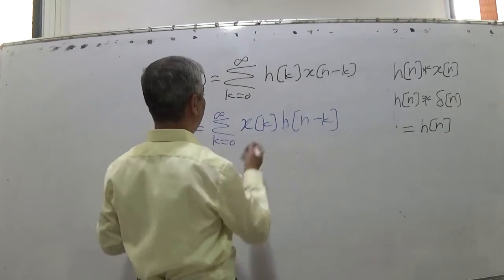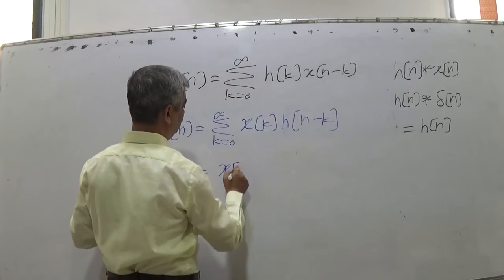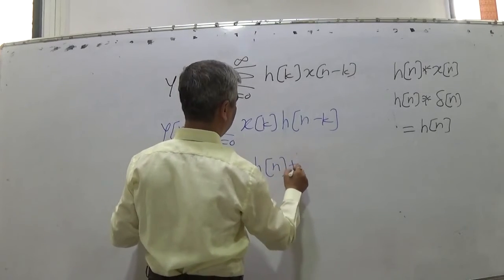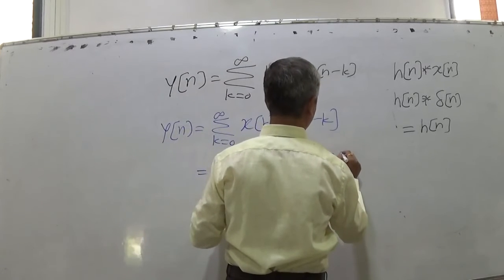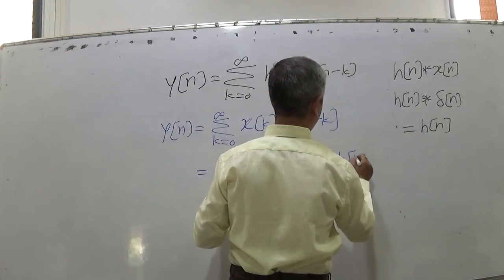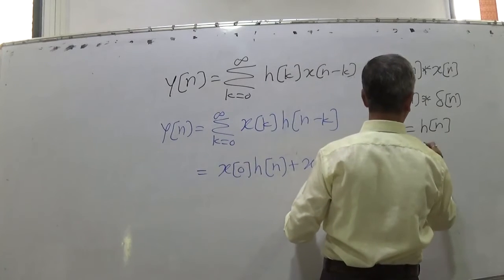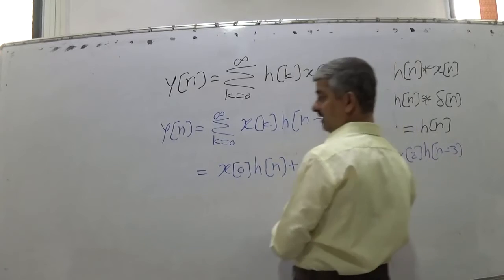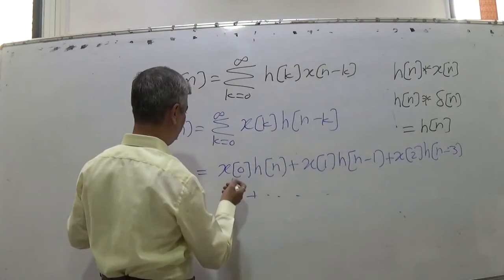And in this case, this summation I can write as x(0) h(n) plus x(1) h(n minus 1) plus x(2) h(n minus 2), and so on.